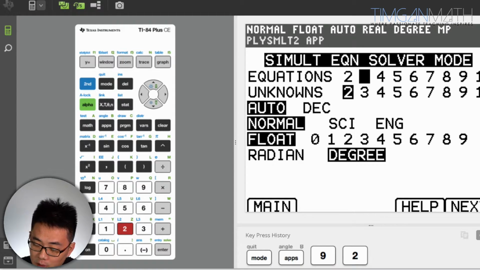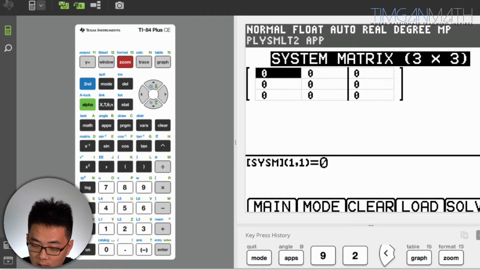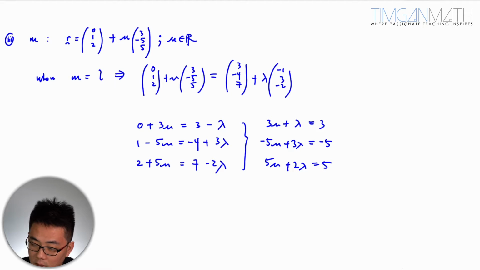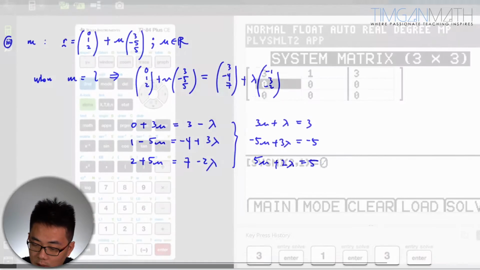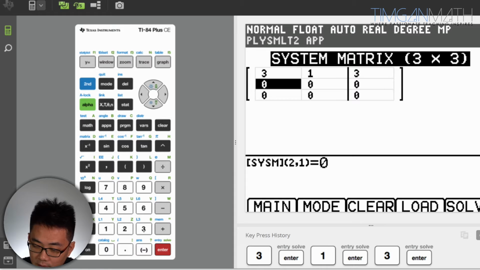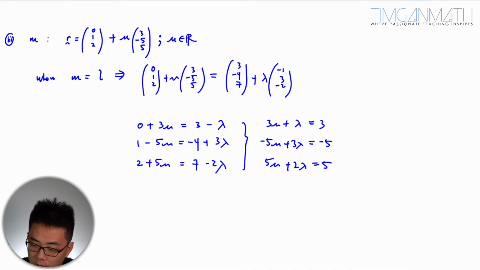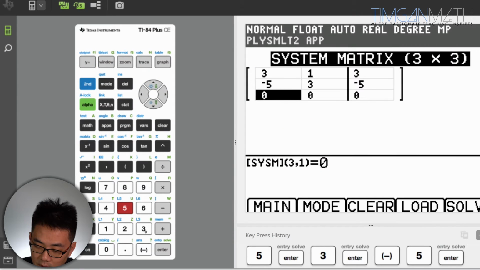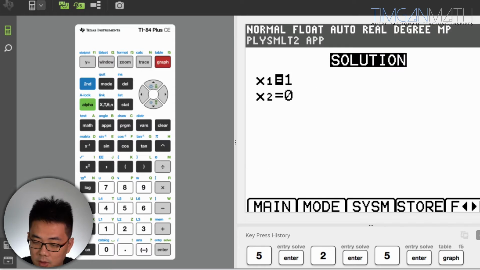We have 3 equations and 2 unknowns. Great. I'm going to clear it and put in 3, 1, 3, then negative 5, 3, negative 5, and after which 5, 2, 5. Then we solve it.